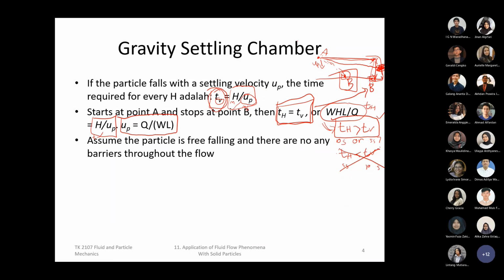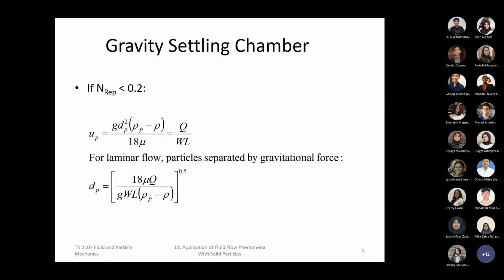Okay. And again, I told you, check your assumption, whether the particle is big, whether the particle is small, and how fast is the air within the chamber. Then go back to the same formula that we just used previously. If it's laminar, then UP can be calculated using this correlation.